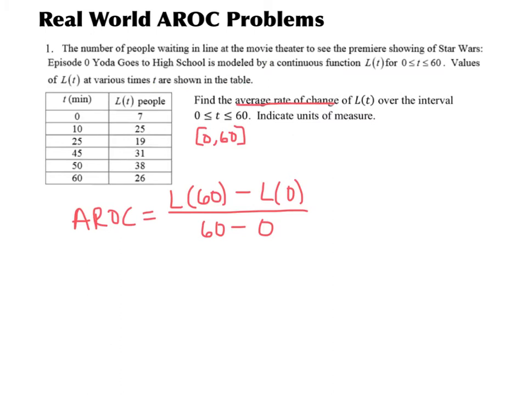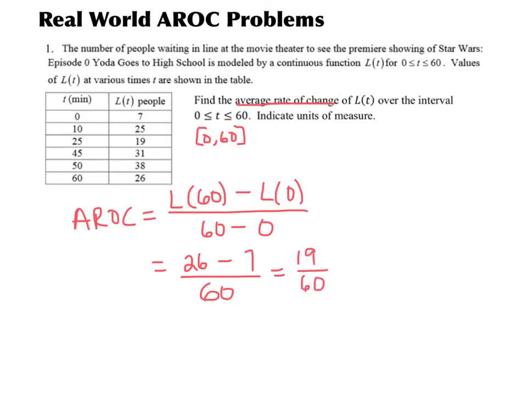All right, so then we just take the information from the table. So L of 60 is 26 minus L of 0 is 7 over 60 minus 0 is just 60. So 26 minus 7 is 19 over 60.